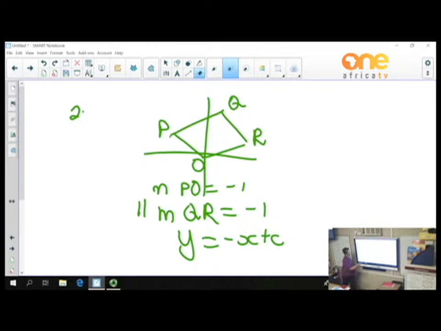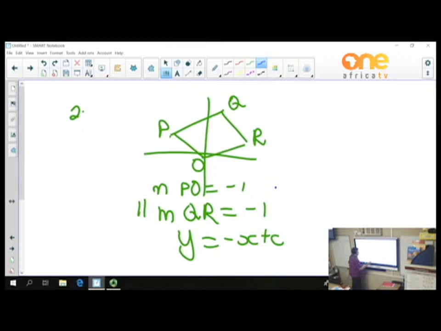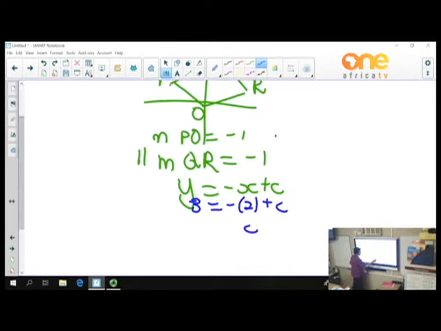Yeah, Q, that's right. So it will be 2 and 3. So 3 is equal to -2 plus c. So what is the value of c? Now, c is 5. So my equation is now y is equal to -x plus 5.